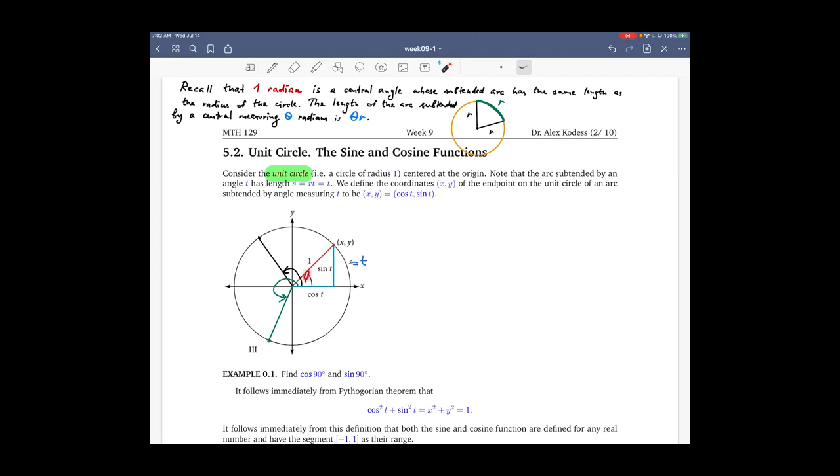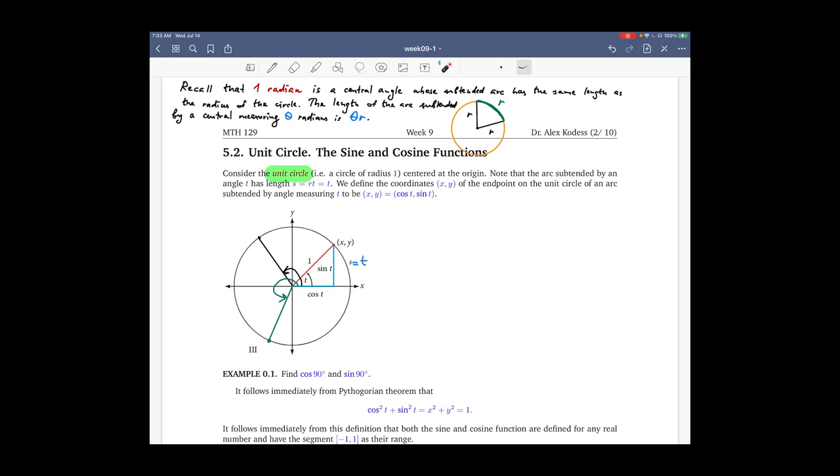Clearly, if we know t, we know x and y, right? Because knowing the angle determines the point uniquely. Vice versa is not true. If you know the point, you can only determine the angle up to coterminal angle.